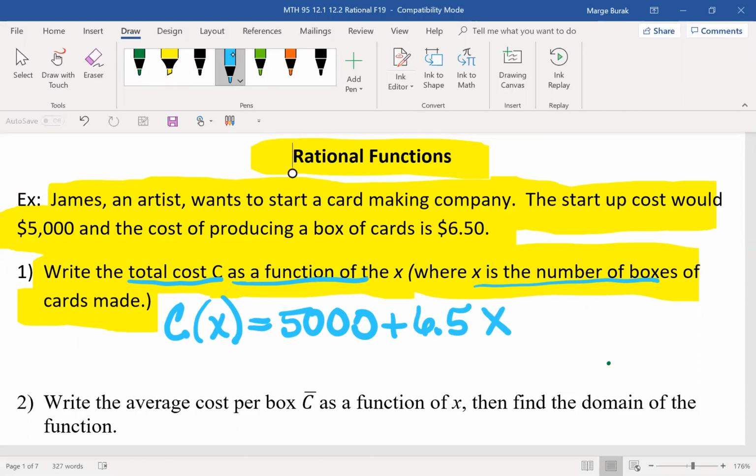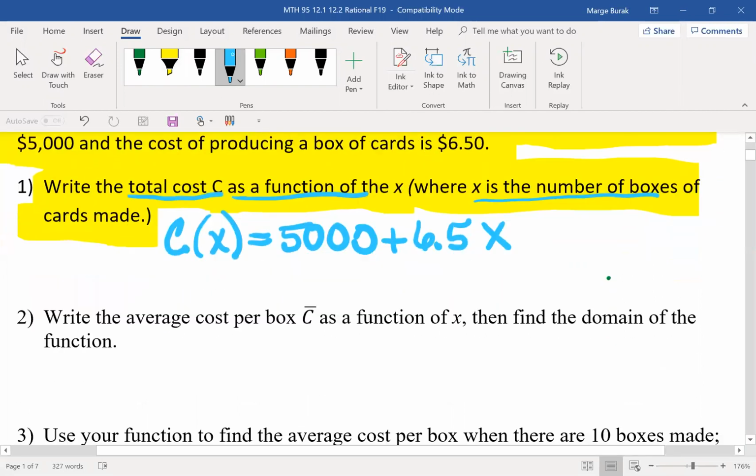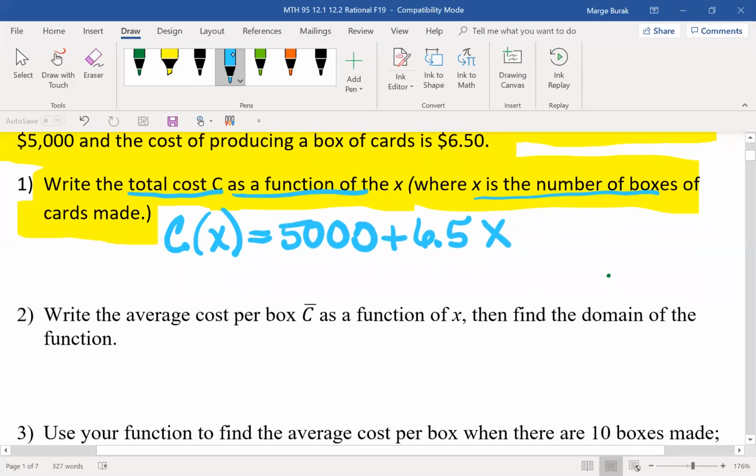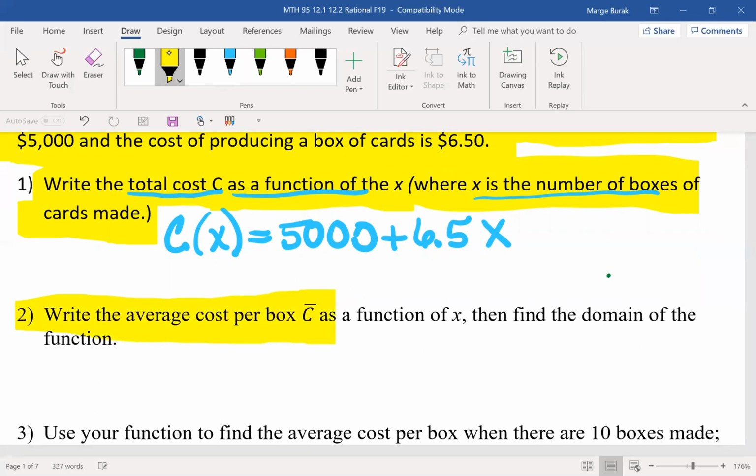Now you say, but Marge, that's linear. Yes, that's a linear function. So here's how we get the rational: the average cost per box. C with a bar on top is the symbol for average cost as a function of x. So when we find the average cost per box, then we'll find the domain of the function.